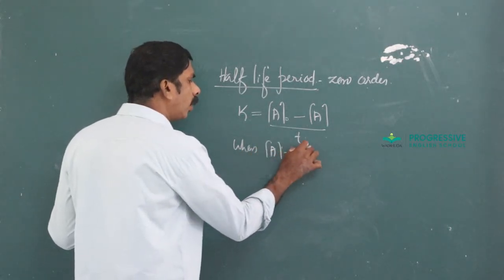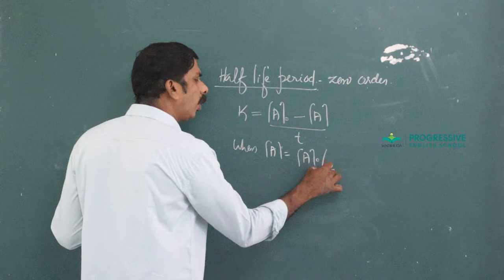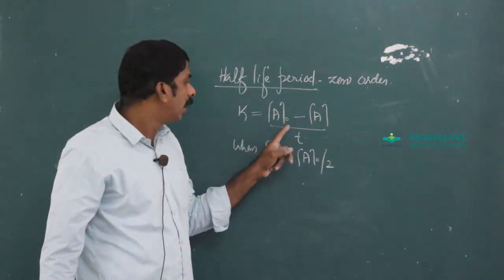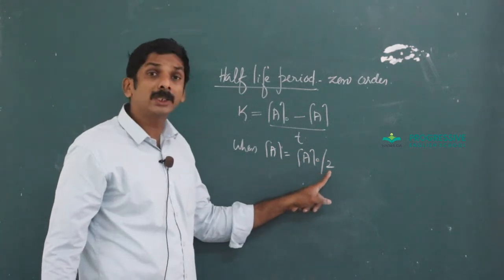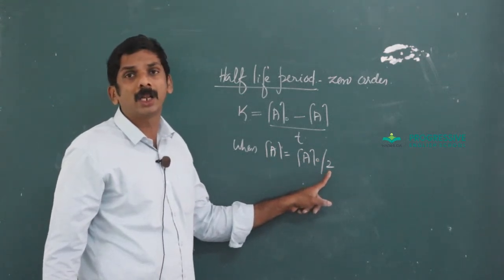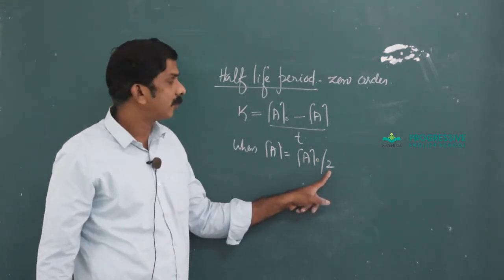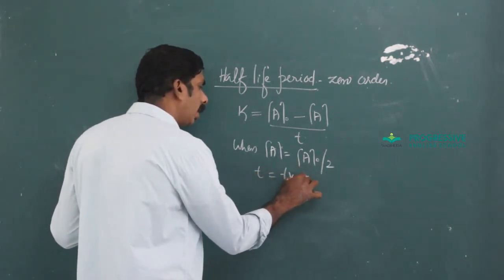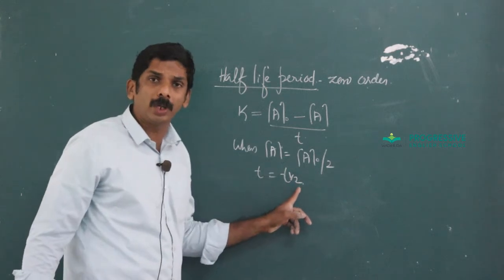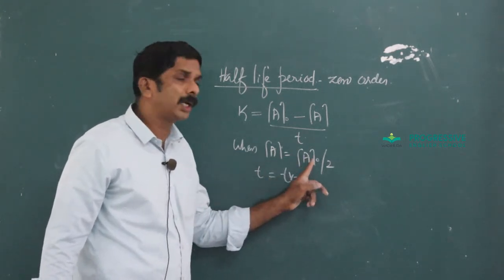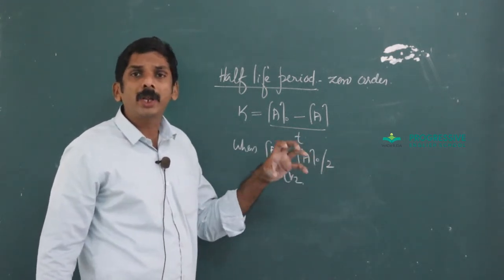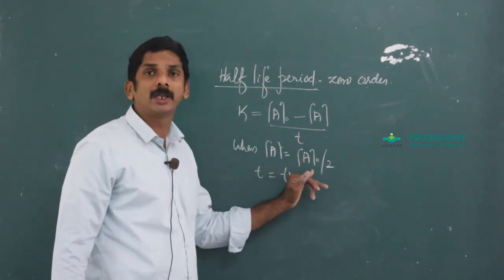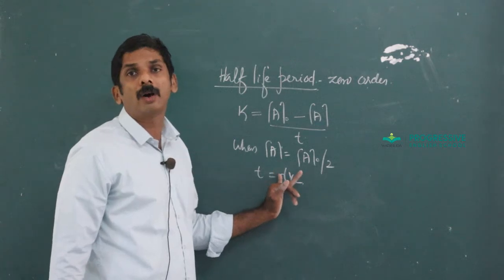When A equal to A0 by 2, where A0 is the initial concentration and A0 by 2 is half of the initial concentration, T equal to T half. The time required to reduce half of the initial concentration is called a half-life period.